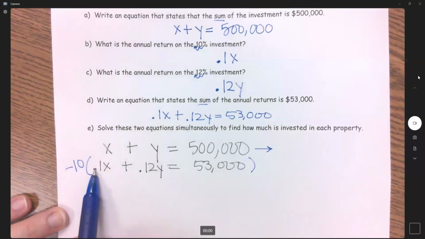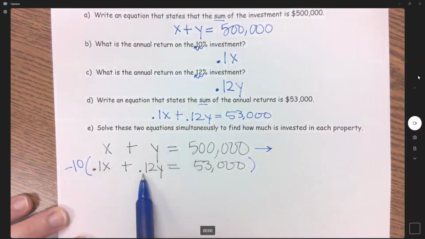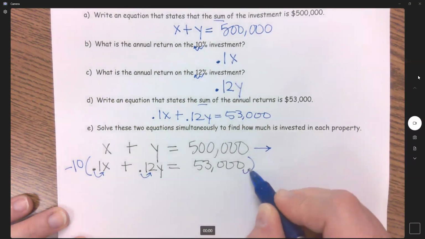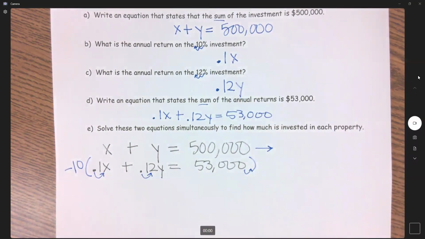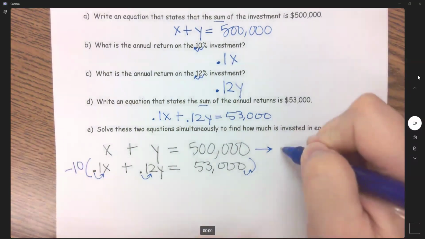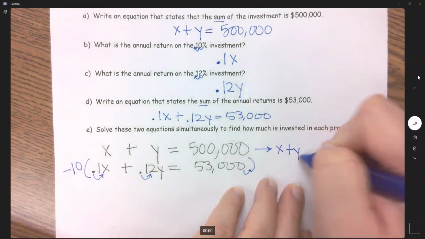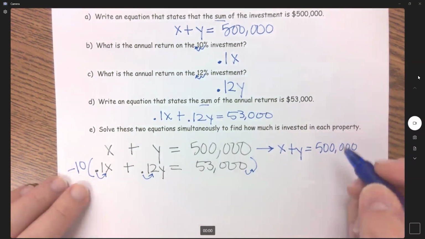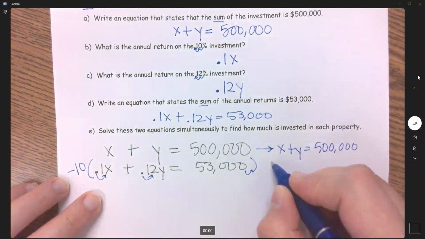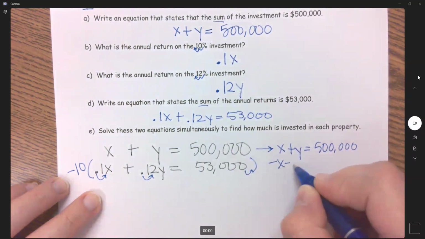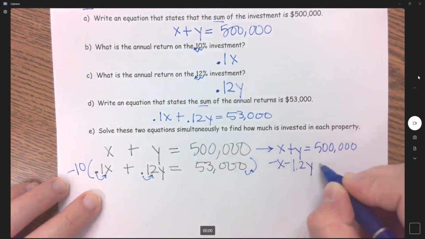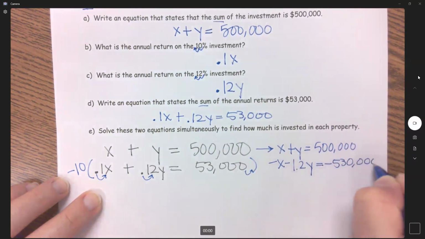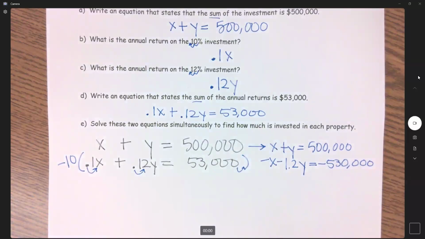And what that's going to do is take this decimal and move it once. It's going to actually move all of these decimals over 1 unit to the right. So this top equation does not change. And now this bottom equation will be negative x minus 1.2y equals negative 530,000.